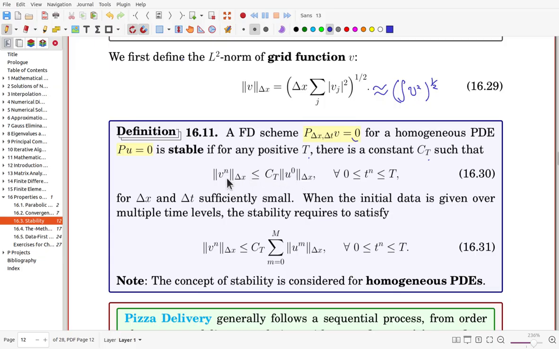Small, then later on small. That is the definition of stability.